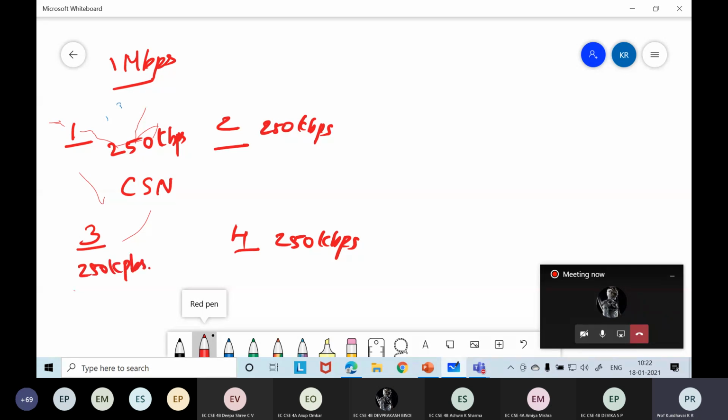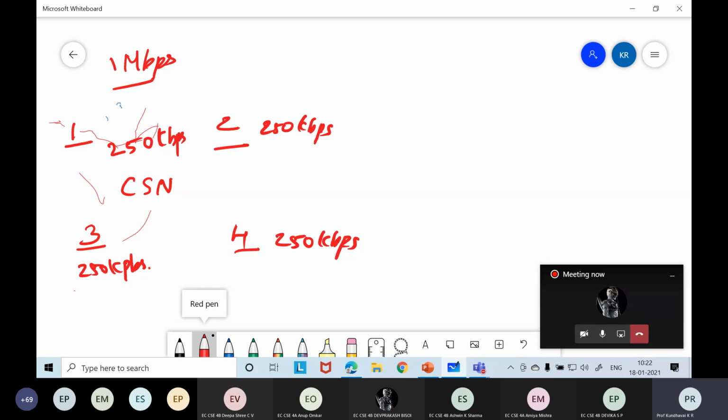The whole 1 Mbps will be divided across these 4 systems, assuming that these are the only 4 systems connected to this particular network on a circuit switch. So system 1 will have 250 kbps, system 2 will have 250 kbps, and systems 3 and 4 will have 250 kbps respectively.